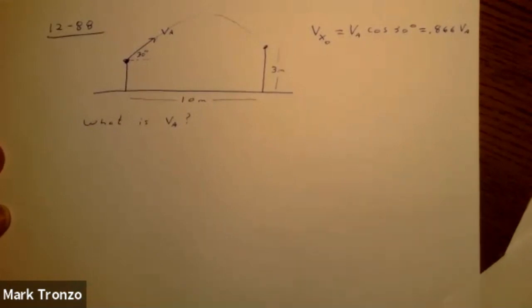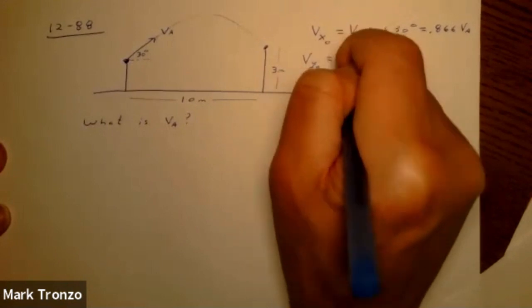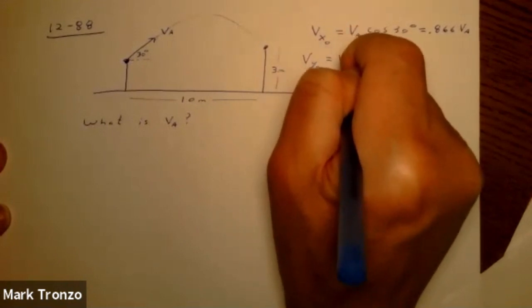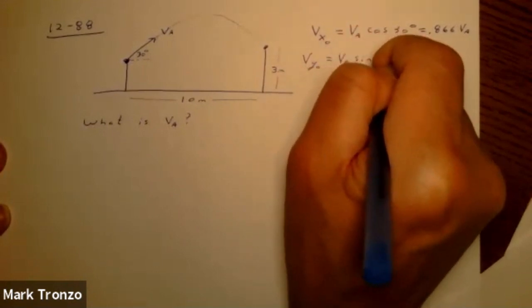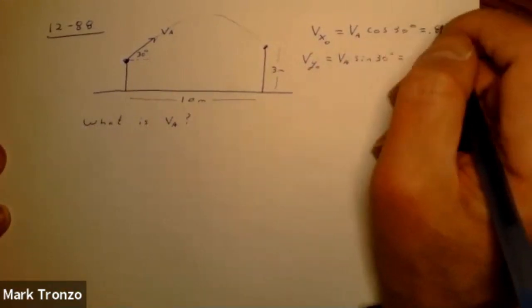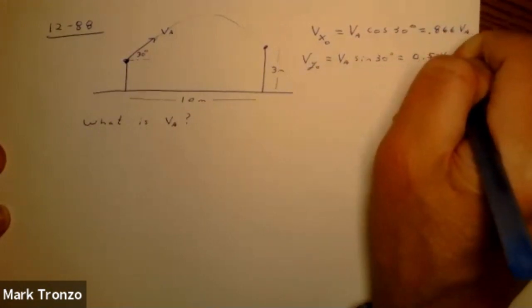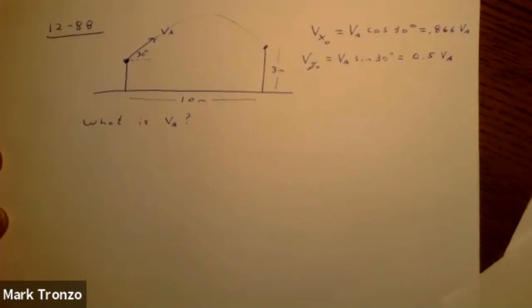Again, we don't know what VA is yet. Then the initial velocity in the y direction is going to be VA sine 30 degrees, and sine 30 is 0.5.